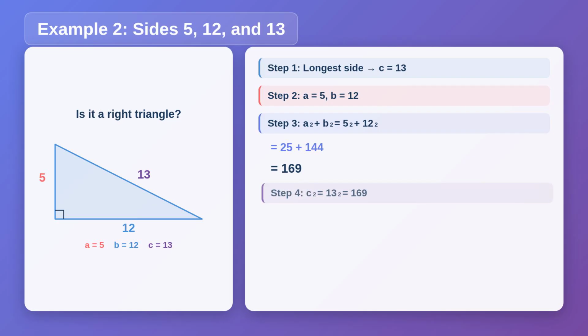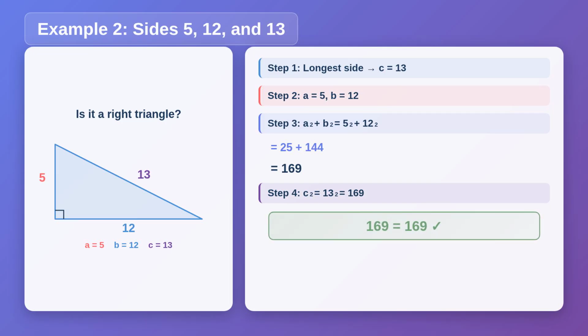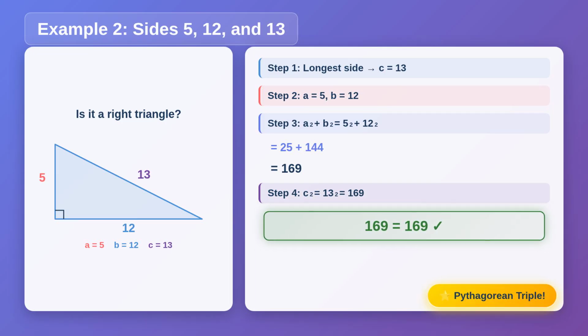That's 25 plus 144, which equals 169. Step 4. c squared is 13 squared, which is 169. Does 169 equal 169? Yes, this is another right triangle, a 5, 12, 13 Pythagorean triple. These special number sets always make perfect right triangles, and mathematicians love them.